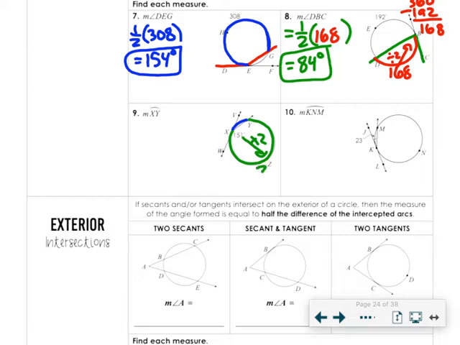So we know that this entire arc is 302 degrees. So I can get the blue one by doing 360 minus 302. That's going to be the easiest way to do that. So 58 degrees would have to be this one. All the way around the circle is still 360 degrees.